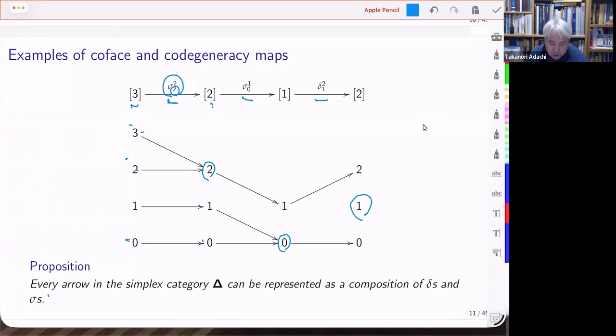This is very important, because when we need to think about all the arrows of Delta, we only need to think about these deltas and sigmas, since the other maps can be constructed by composition. So this is a very convenient property for the simplex category Delta.